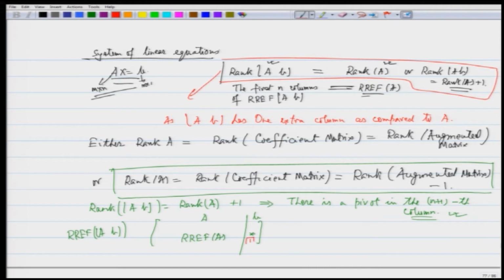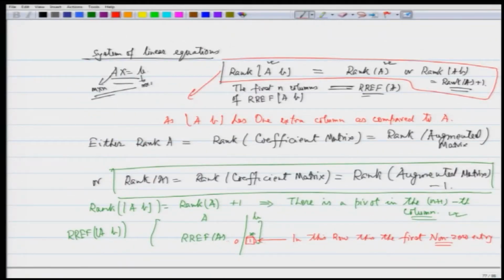So, there is a 1, and since there is a pivot, it means that in this row, this is the first non-zero entry, all right, fine. This is what the definition of pivot was. What was the pivot? Look at any non-zero row, the first non-zero entry in that row was the pivot. So, therefore, if this is the pivot, it means that the corresponding entries here in that row are 0, fine.